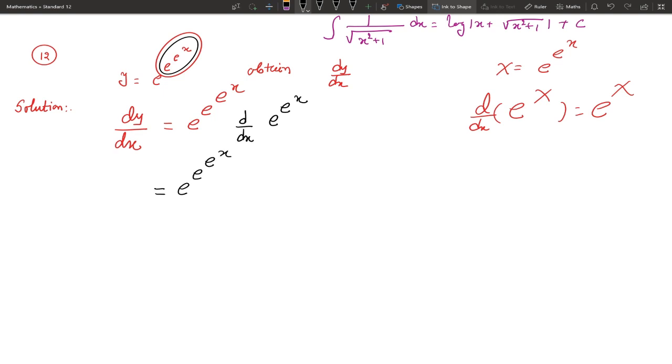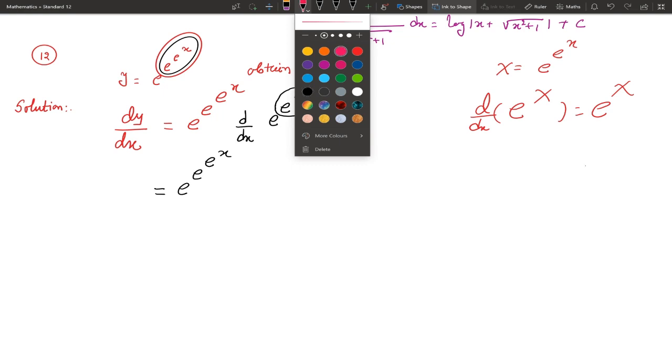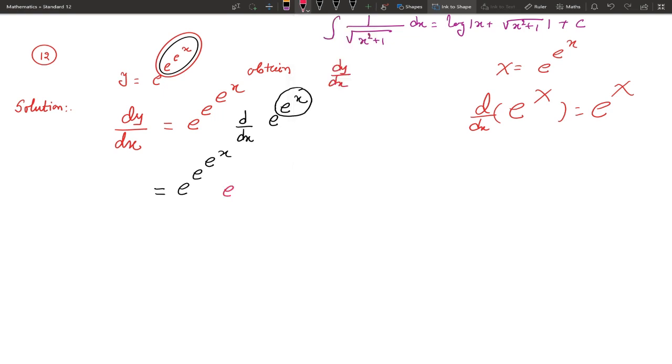Now again consider this one as capital X and use d by dx of e raised to X, it is e raised to X. So using that formula, it is e raised to X, but the power is a function of x, so into by chain rule, d by dx of e raised to x.